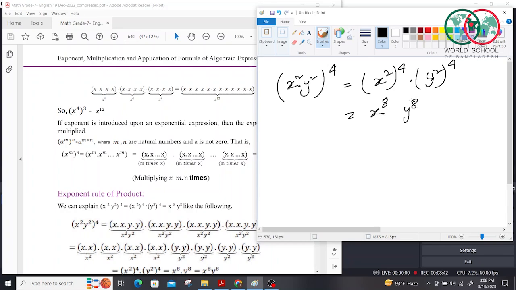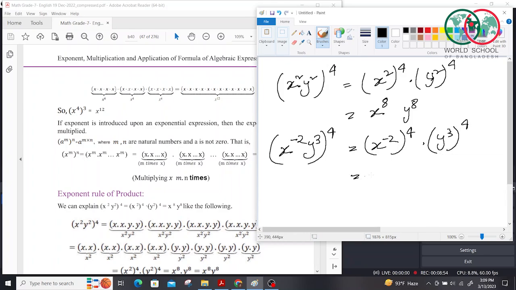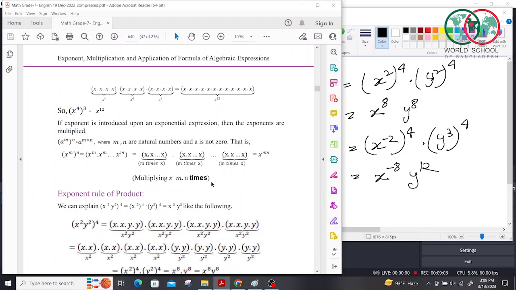So it is true for any case. Suppose it was written minus 2 y cube to the power 4, then we could write minus 2 to the power 4 into y cube to the power 4, then our answer would be 16 y to the power 12 with the sign minus 8 into the power. That's our answer.